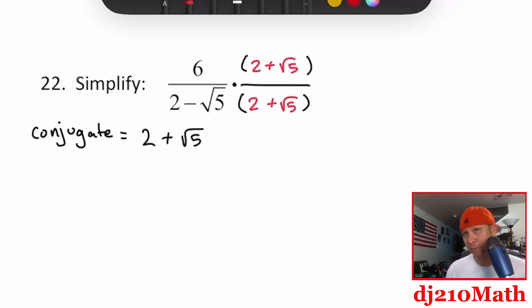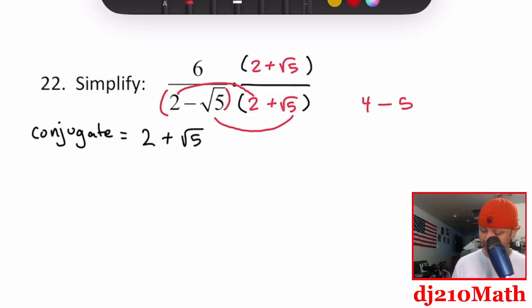Okay. The beauty of multiplying by the conjugate is that this is multiplication, so you'd have to FOIL things out. But because it's conjugates, we don't have to FOIL. What we do is we take the first times the first. So 2 times 2, 4. And then the last times the last only. So negative 5. Well, that's kind of nice, because 4 minus 5 is just negative 1.